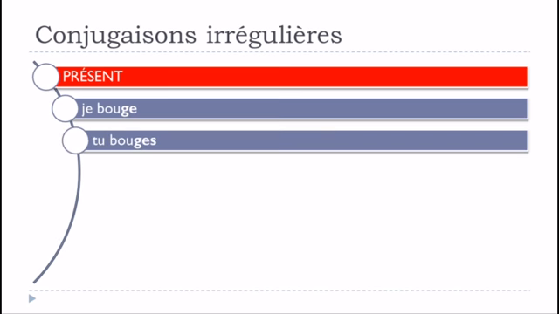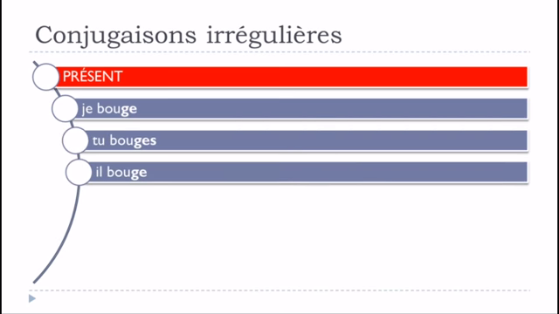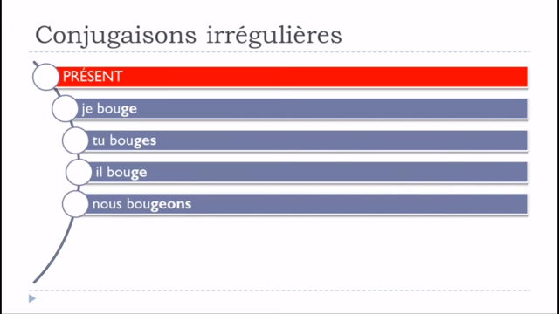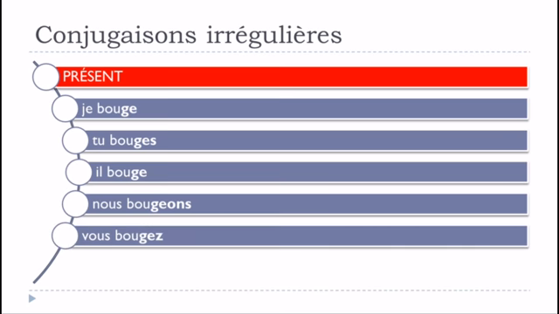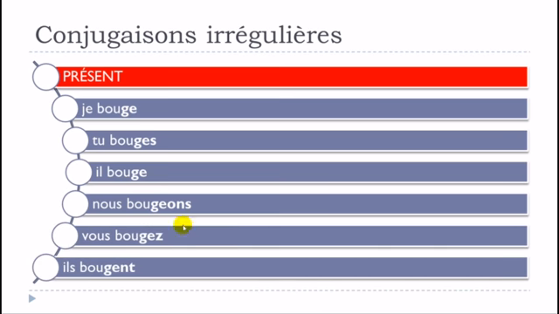All right. So let's have a look now at the present form. Je bouge, tu bouges, il bouge, nous bougeons, vous bougez, ils bougent. Okay, so as I said, you can see that we've got only the nous form that will be modified, because all the other forms are exactly respecting the rules of the regular verbs.